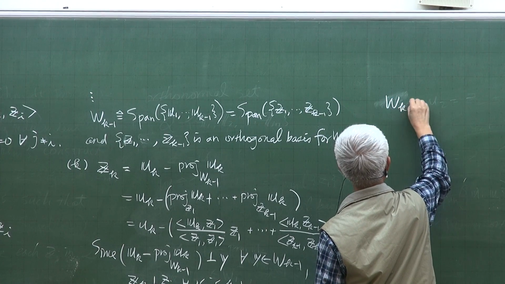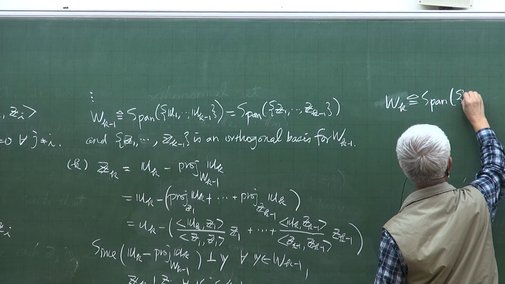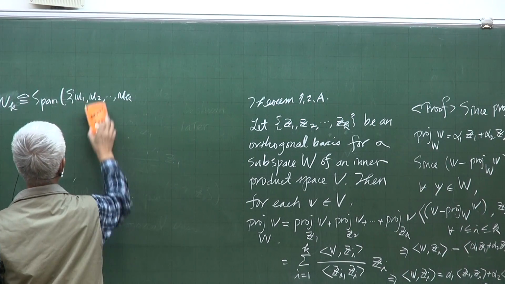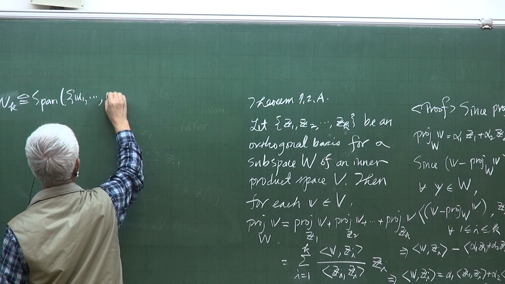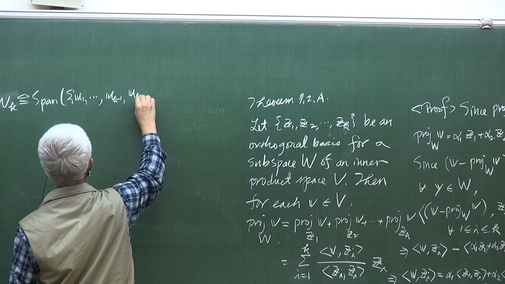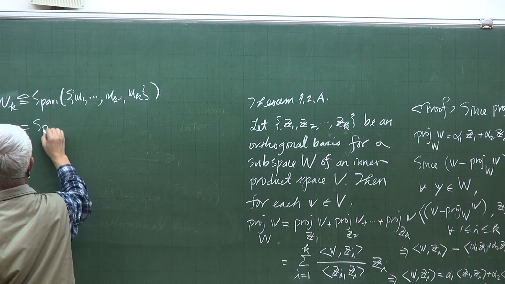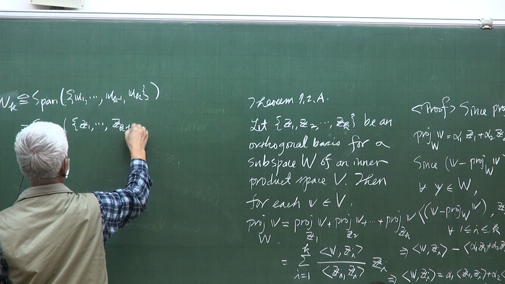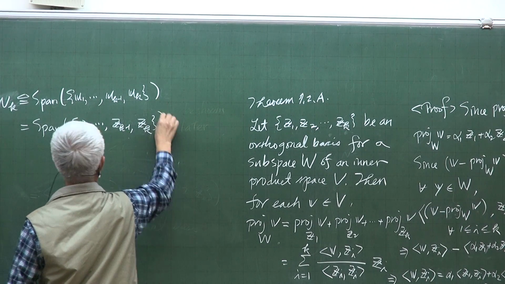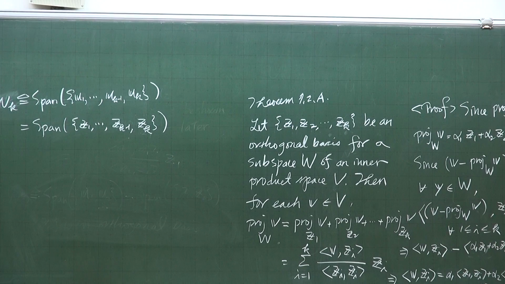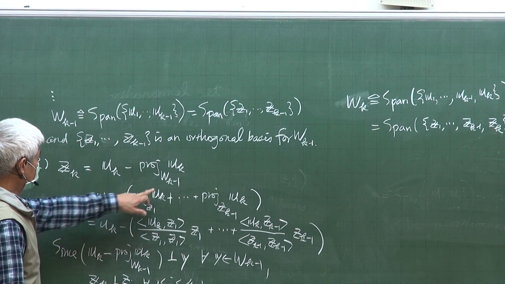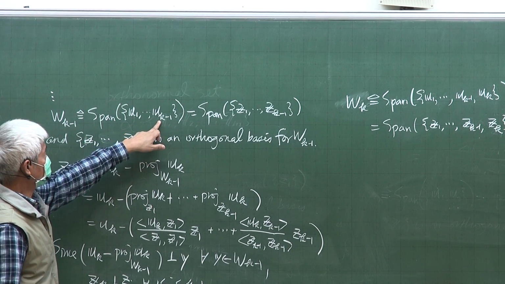And Wk, defined to be the span of u1, u2 up to u k minus 1, uk, becomes equal to the span of z1 up to z k minus 1 and zk. Because zk is a linear combination of uk and a vector in W k minus 1. But W k minus 1 is the span of u1 up to u k minus 1.